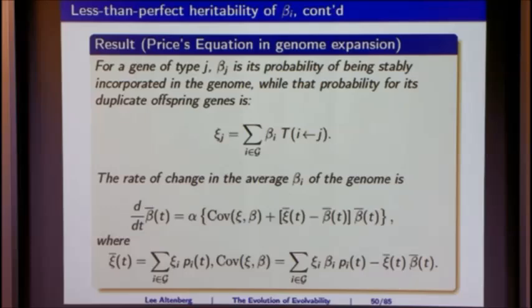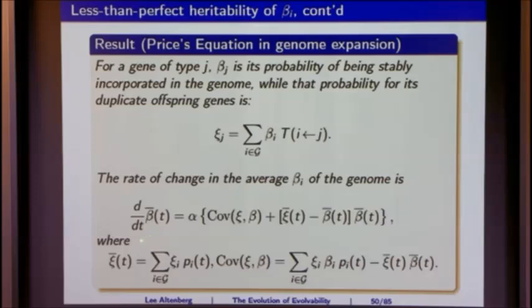But here you have this covariance, where C sub j is the probability not that your offspring genes are kept by the genome, but basically that your grand offspring are kept by the genome. And if the covariance between your grand offspring and your offspring probabilities of incorporation is positive, then evolvability will evolve in a positive direction.